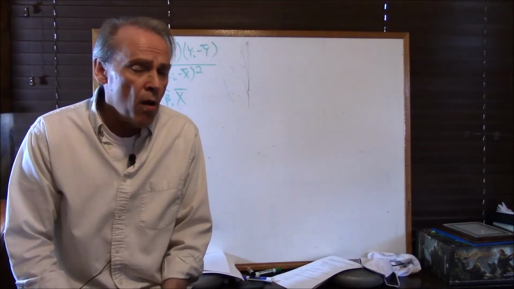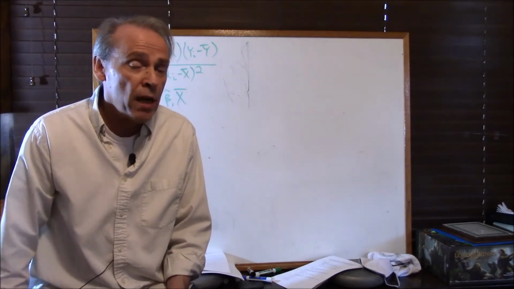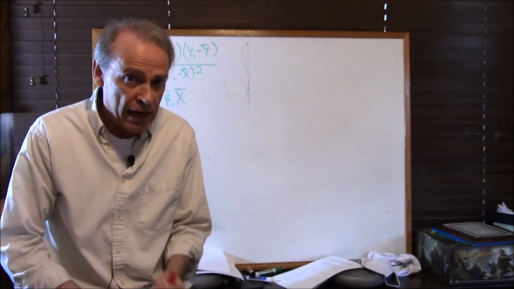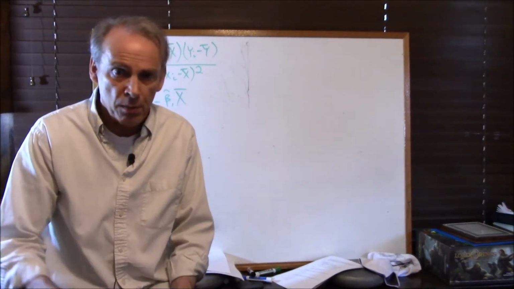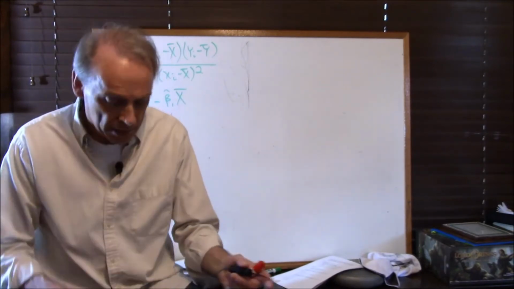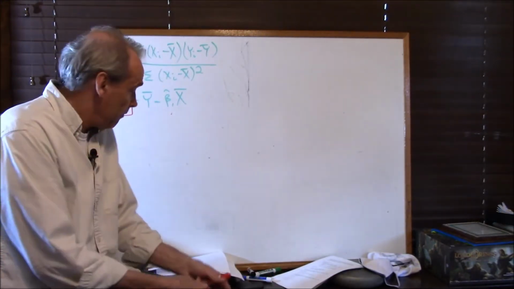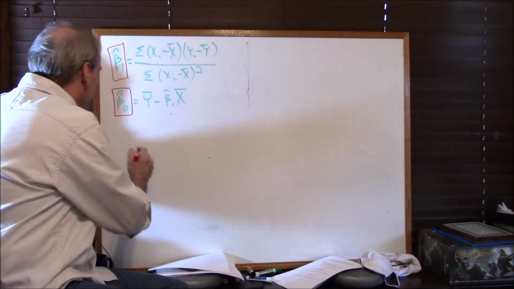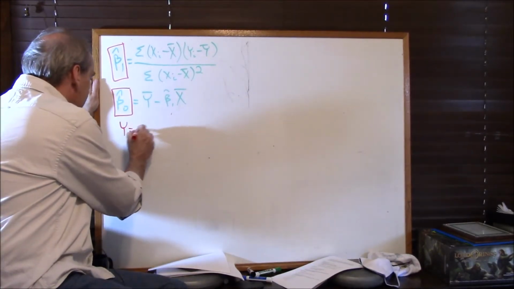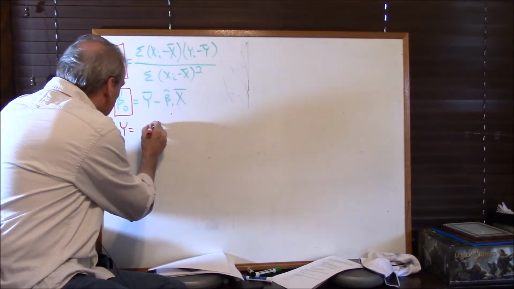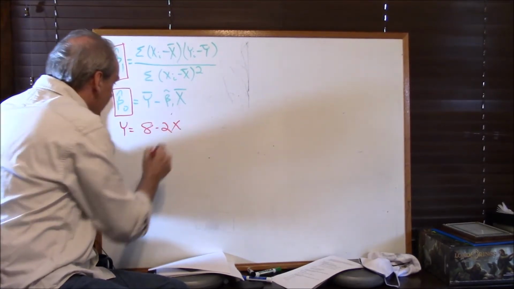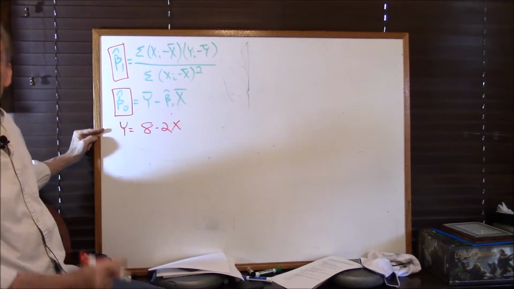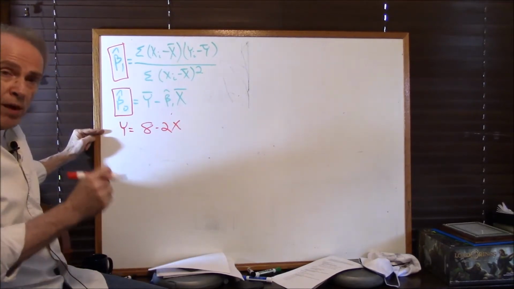I already know what the equation is because I used it to create the data. So this isn't going to be a situation where we've collected data from students or something like that, because I'm trying to make a point. I'm going to start with y equals 8 minus 2x. And I'm going to create my data with that.